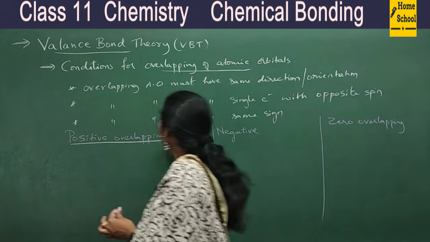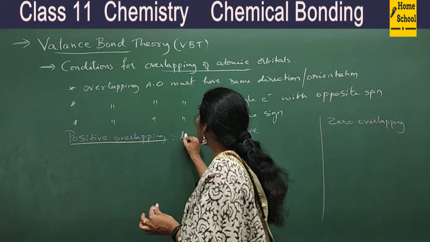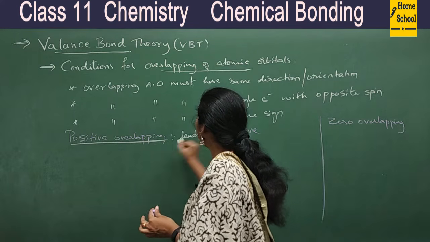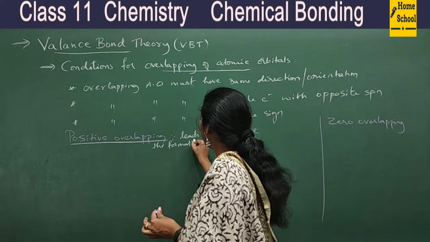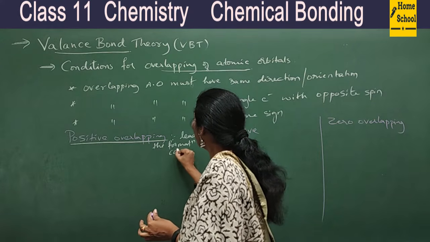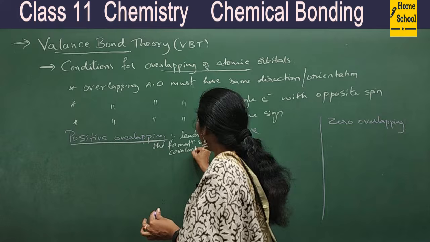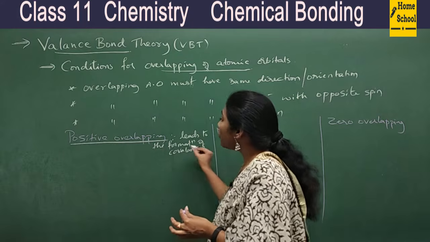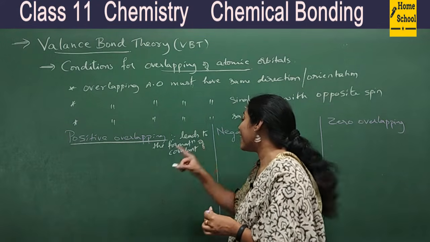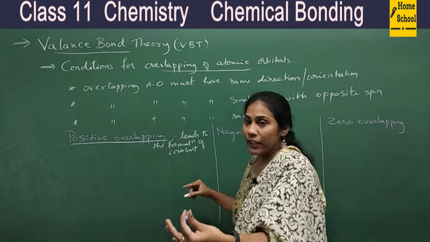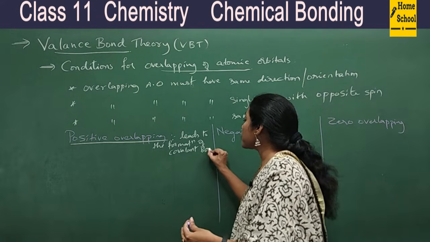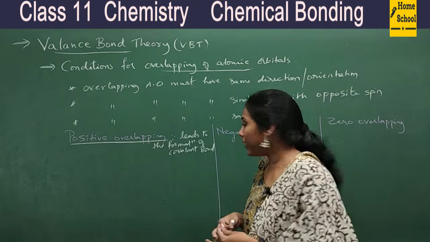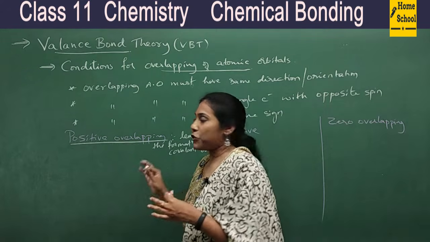Definitely, positive overlapping leads to the formation of a covalent bond. If the atomic orbitals are involved in positive overlapping, that leads to the sharing of electrons. In other words, I can call it the formation of a covalent bond. So observe, what do you mean by positive overlapping?